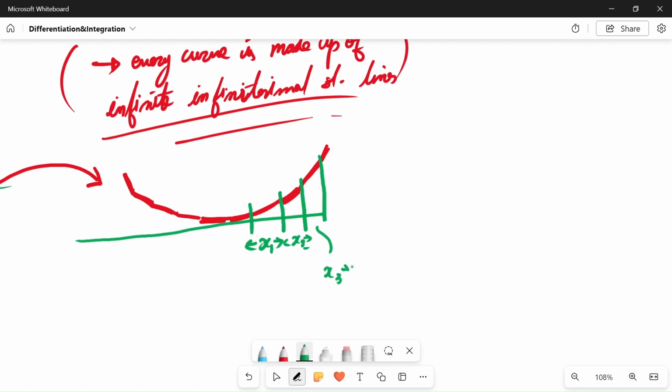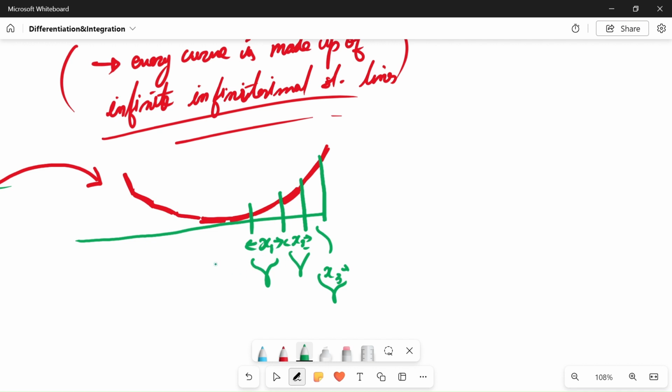So differentiation breaks down your curve into its parental infinitesimal straight line form, and it provides you a function by which you can access the equations of those straight lines according to the neighborhood where you want the straight line to be.